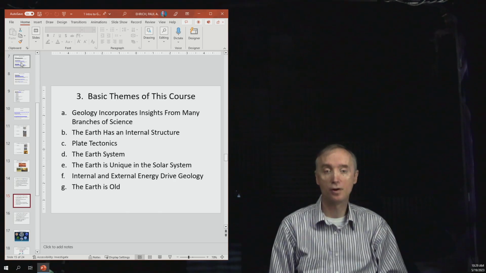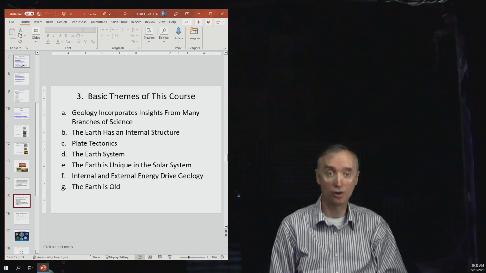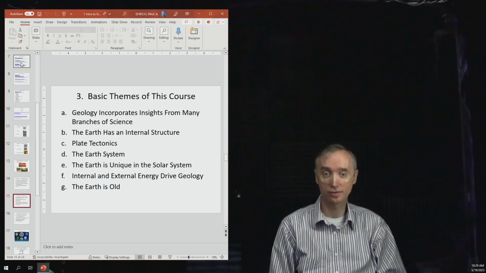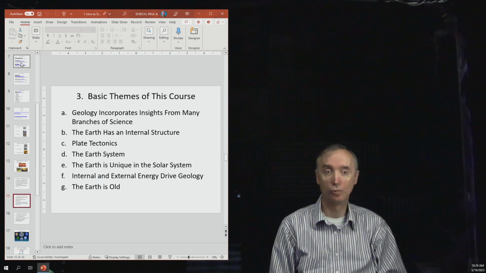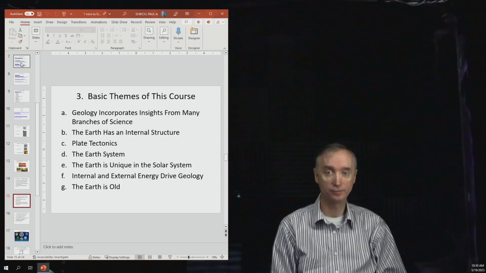Why does Mars have a very thin atmosphere composed of carbon dioxide? And why is it so cold? So why is Earth the only planet in our solar system that has liquid water at its surface? It has oxygen in its atmosphere. It has life. So we'll find out why Earth is so unique.